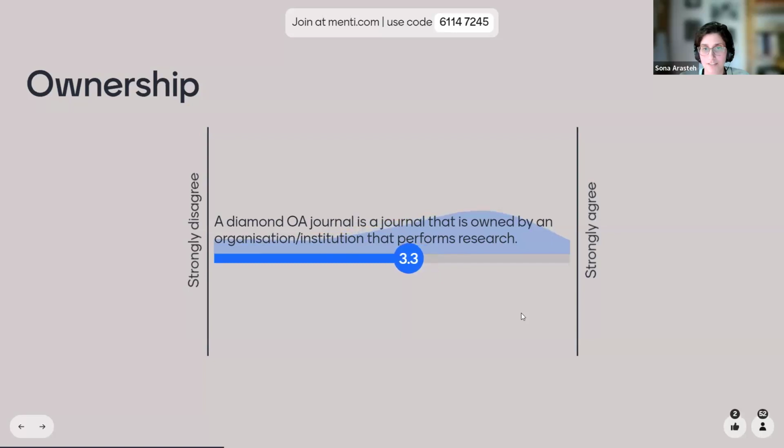Okay, we see a slight tendency for agree. Interesting.